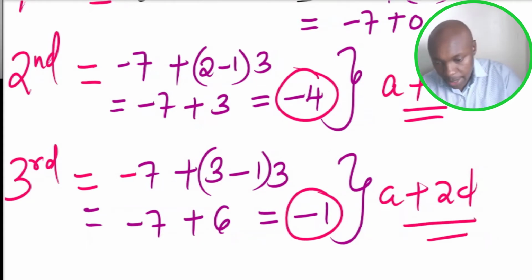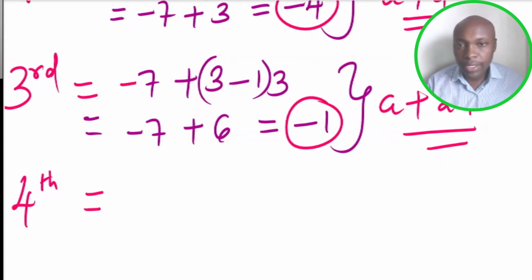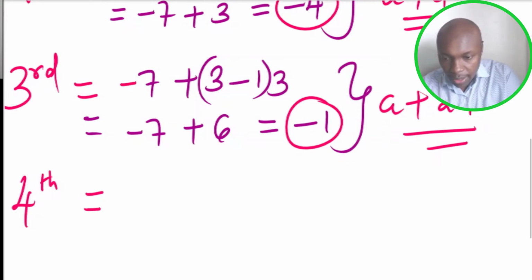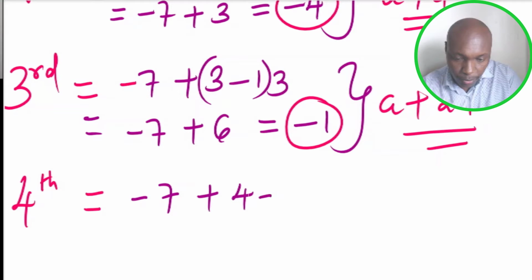The fourth term. In the fourth term, n will be substituted by 4. So we have a, which is -7, plus n minus 1, so n is 4 minus 1, multiplied by d, which is 3.